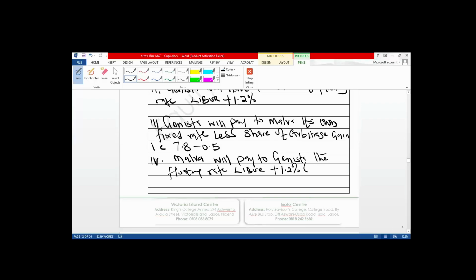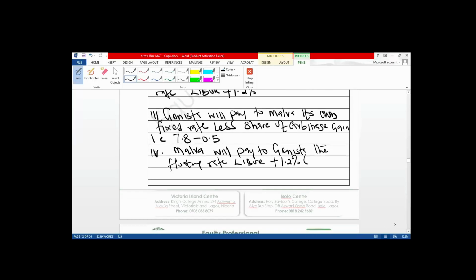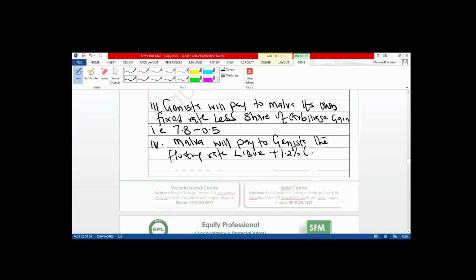That is the actual borrowing rate of Jenista.